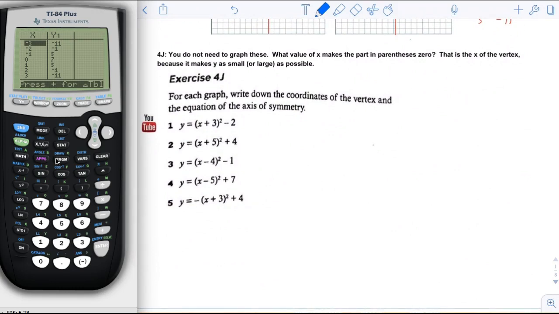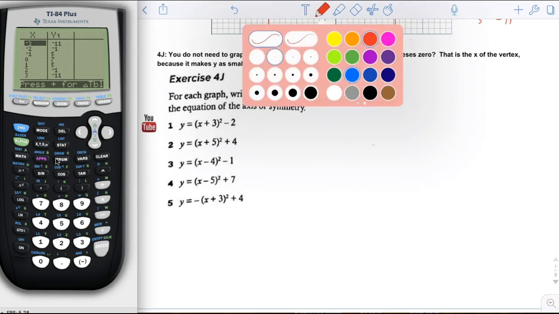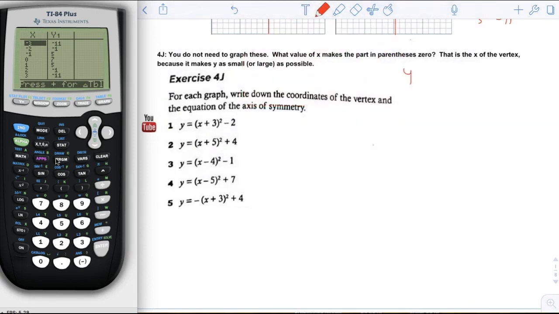For the next section, you do not need to graph these. What value of x makes the part in parentheses 0? That is the x of the vertex because it makes y as small or large as possible. Okay, so do you remember the form called vertex form? If you remember, vertex form looks like this. Y equals a times x minus h squared plus k.